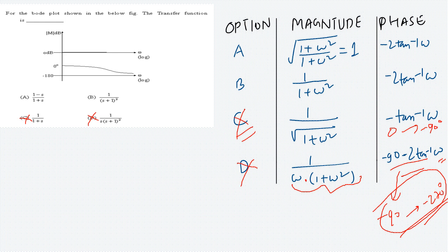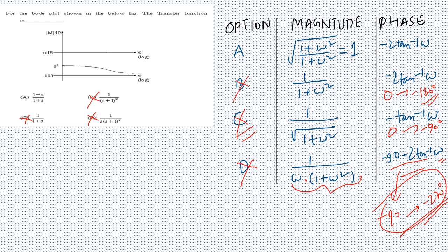The phase starts from 0 and ends at minus 180 degrees, so the phase condition is satisfied. But the magnitude again is dependent on frequency. It is going to fall with the rise in frequency, so B is not a correct answer.